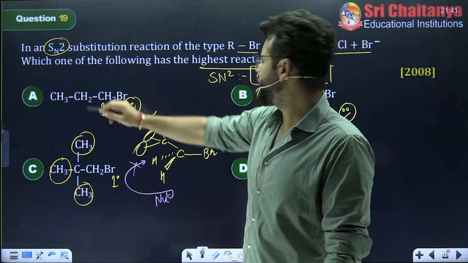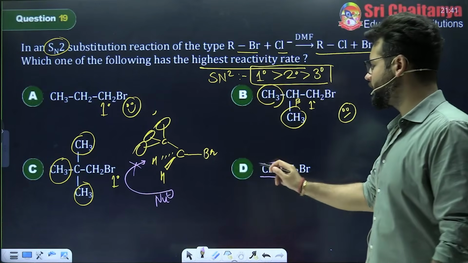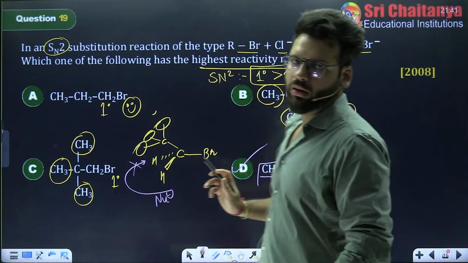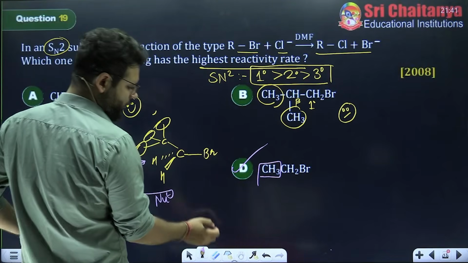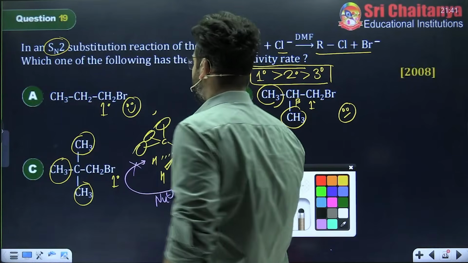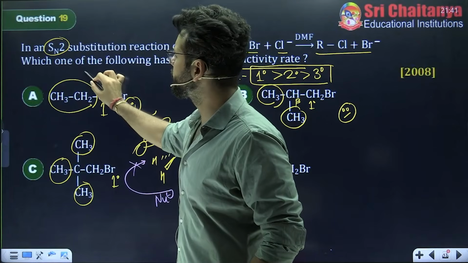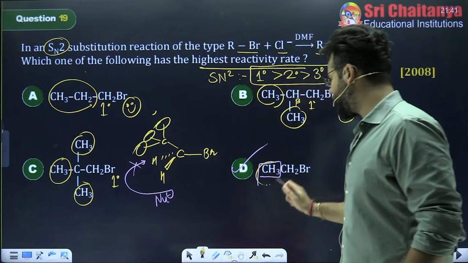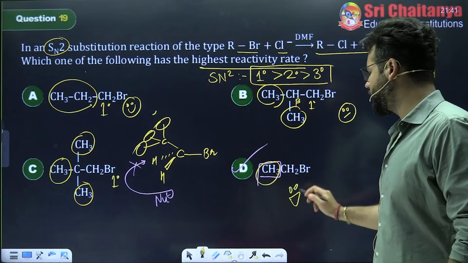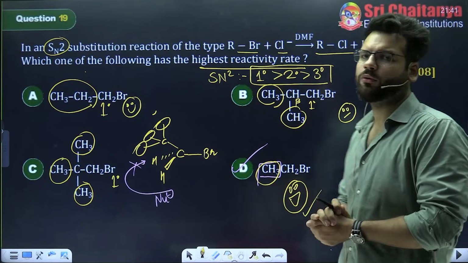On this side only ethyl is there. On this side only methyl is there. So D is the best. Here when the nucleophile comes to attack from the backside, at least a little bulkier alkyl, ethyl, is present. So it is still a little bulkier. When we have a methyl group, which is least bulky, this will give you the best SN2 reaction.